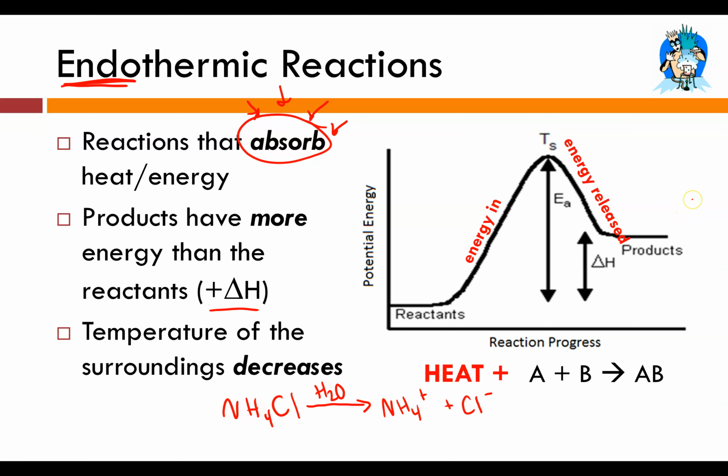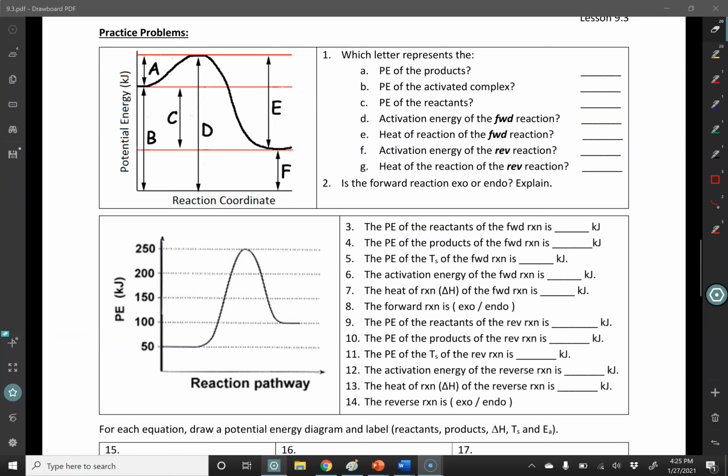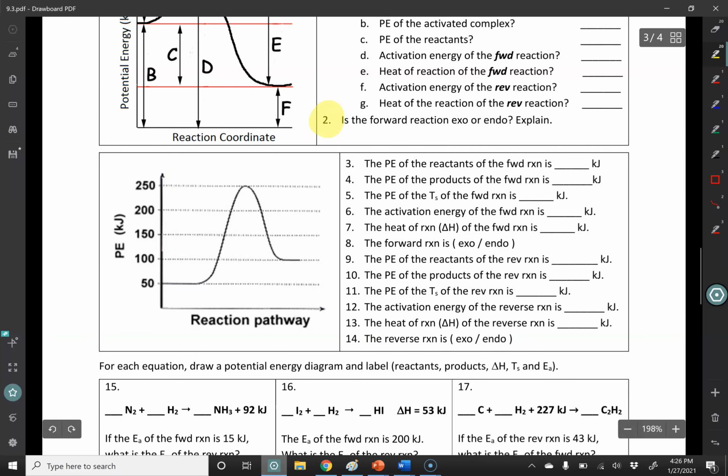All right, let's do some practice with this concept. I think I'm going to skip over some of these early questions on potential energy diagrams that just have you looking at the anatomy of a PE diagram for 1 and 2, and then putting some numbers to a potential energy diagram for 3 through 14.